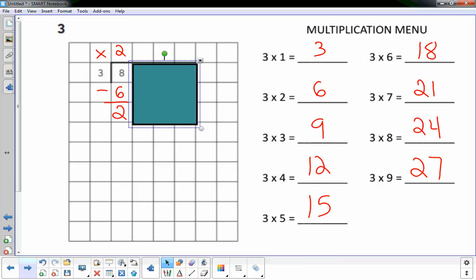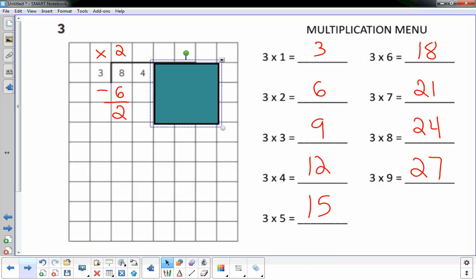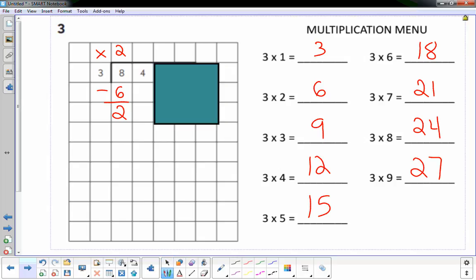Okay, uncover the next number over. Bring it down to join with the 2 and make it 24. How many 3's go into 24? My multiplication menu tells me 8 3's do. So 8 times 3 is 24.